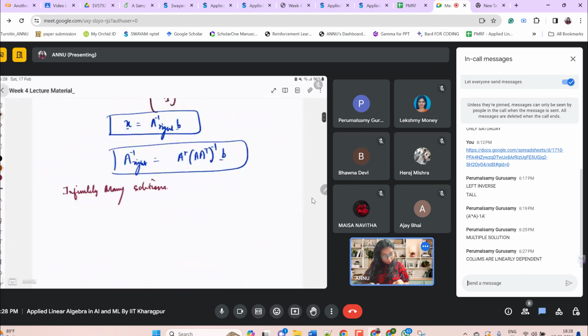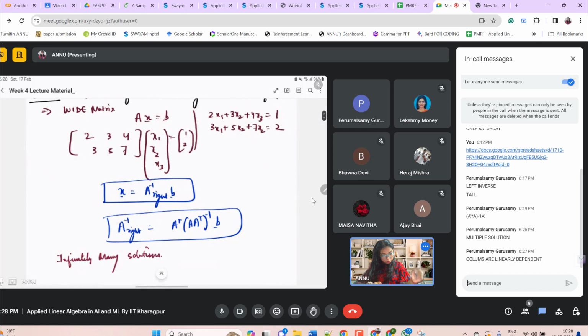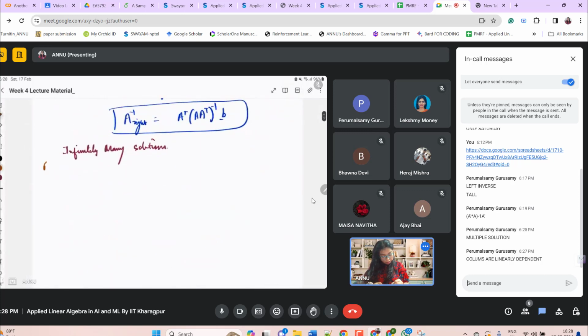Similarly, for case 3, the required condition is that the rows of matrix A should be linearly independent.